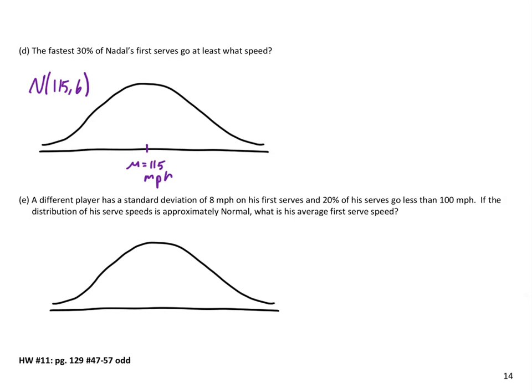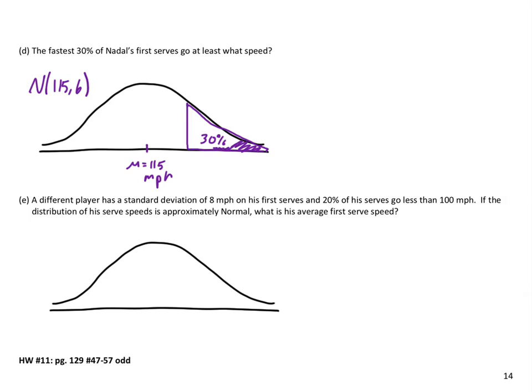Upper 30%. I don't know. Maybe it's like 125 miles per hour. Who knows, right? I don't think it's that fast actually. But at least I can shade. Let's shade what the upper 30% looks like. So somewhere like here, maybe? Looks like this would be like 30%.